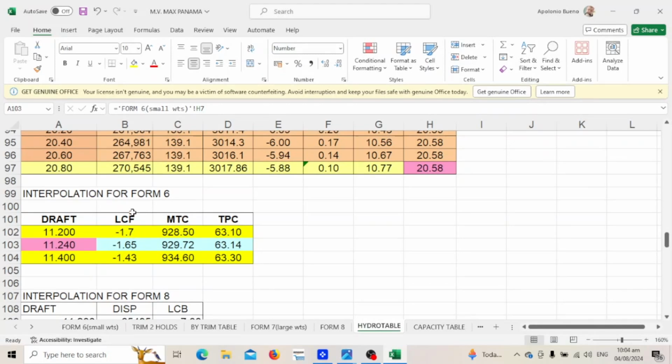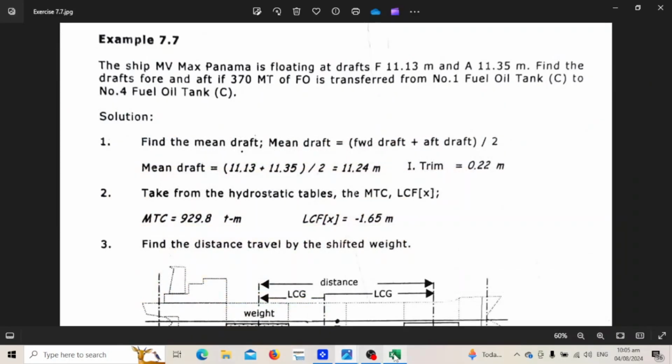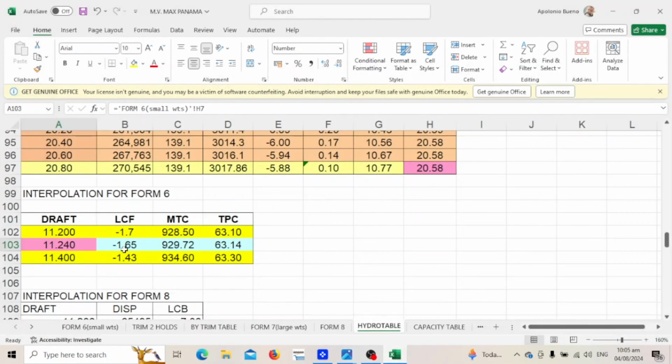And it's asking for the LCF and the MTC. The MTC is 929.72. Let's check. The MTC is 929.72, almost the same. And the LCF is negative 1.65. Okay.